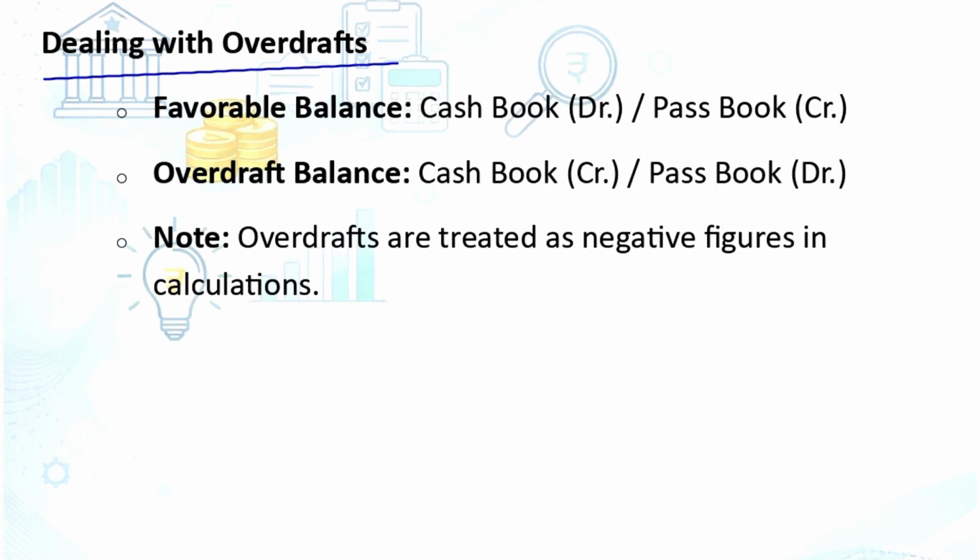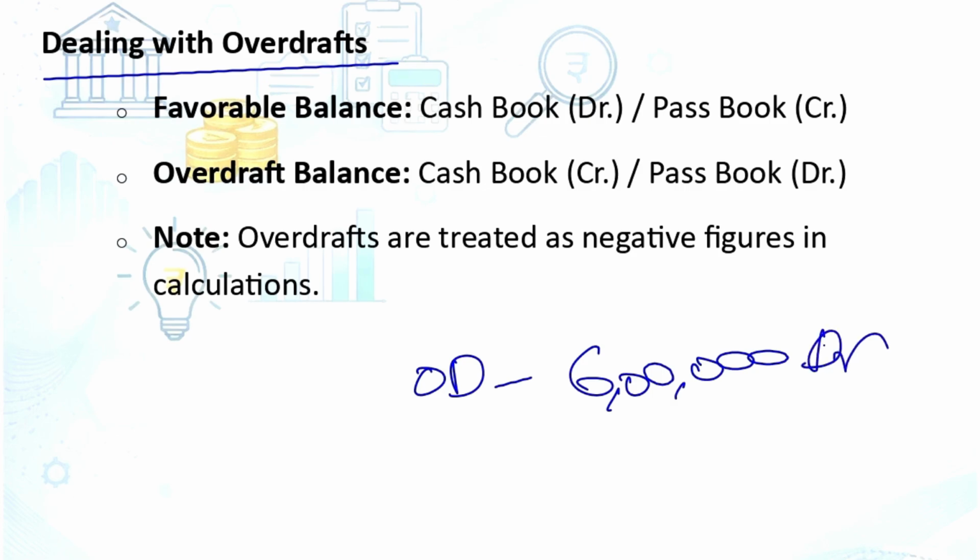Suppose you have an OD account of 6 lakhs. In the passbook entry it is shown as 6 lakhs debit.